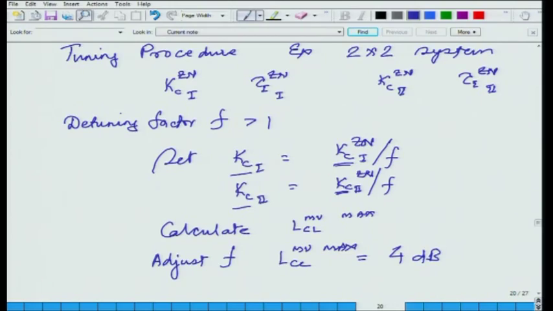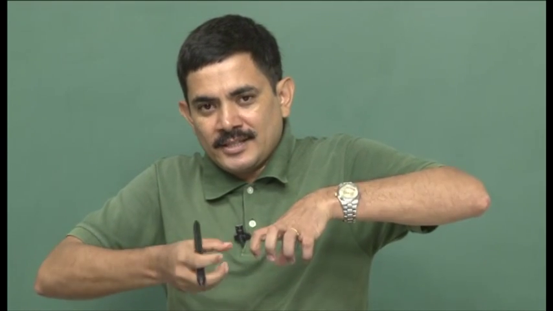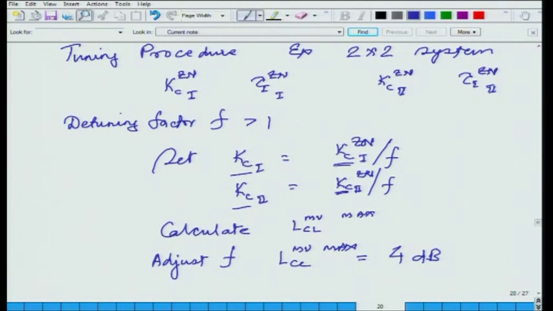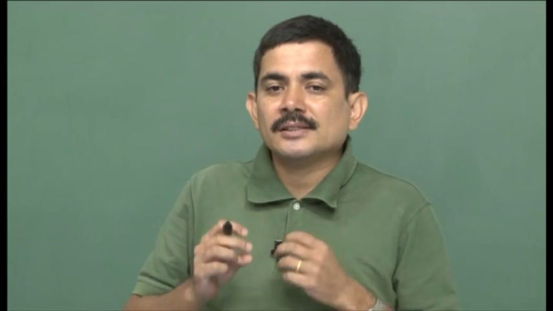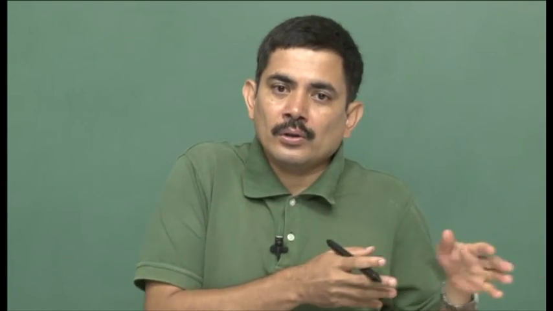So, you detune the controller gains by a factor F such that you get a maximum closed loop multivariable log modulus of 4 dB for a 2 by 2 system, 6 dB for a 3 by 3 system, and so on and so forth. So, this is the multivariable decentralized systematic procedure for detuning individual controllers in an interacting multivariable system. It is to derive this that we went through all the trouble and all the theory. All right. So, that is that.